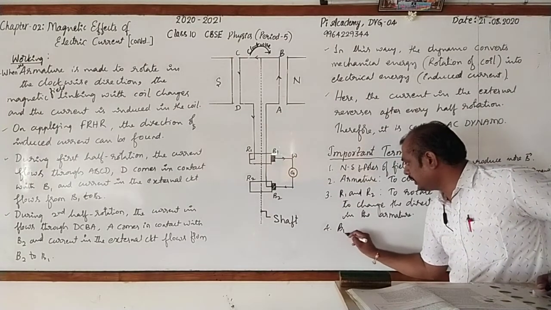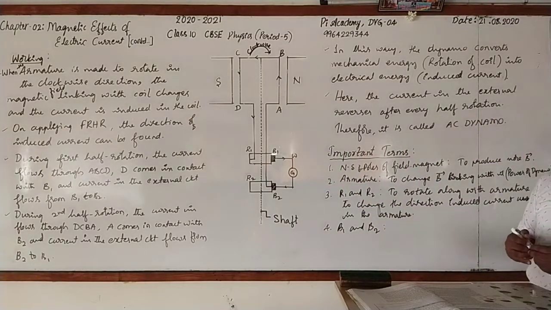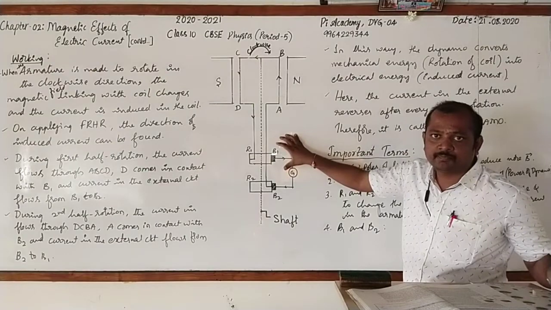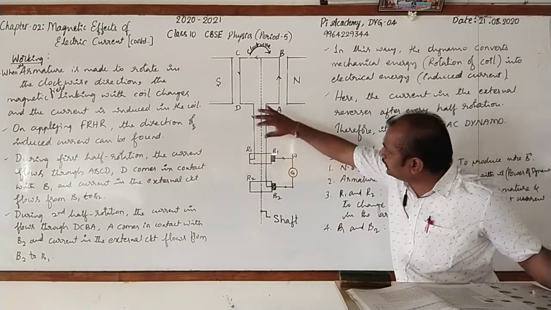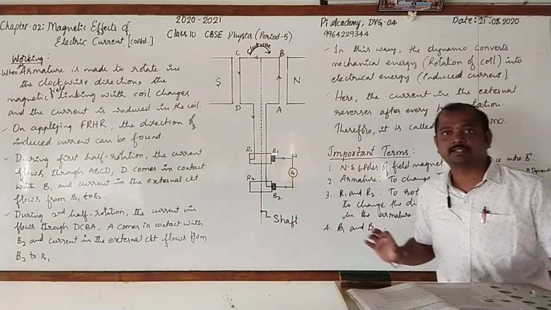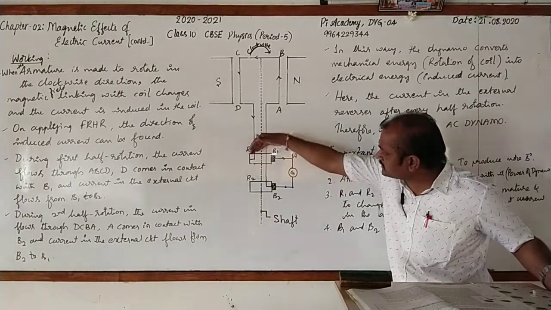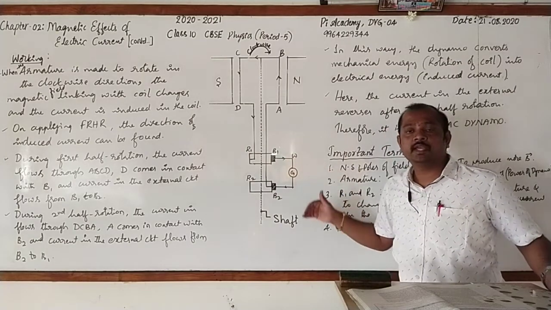Next, fourth one. Here the carbon brushes are there. That is B1 and B2, which are in contact with the rings. And these carbon brushes will transfer the induced current from the armature to the external circuit. Right? See that whatever current is induced here is transferred to the external circuit.